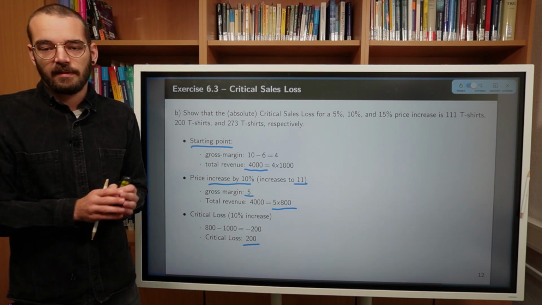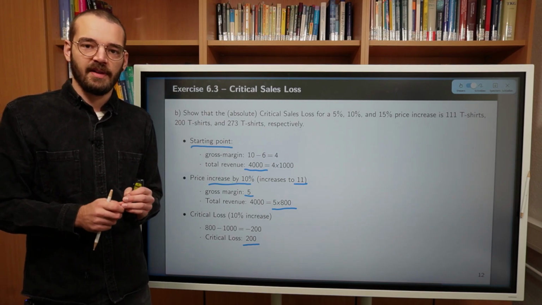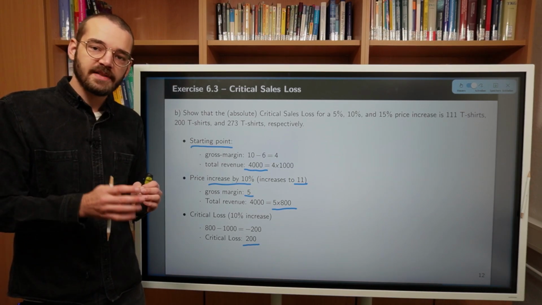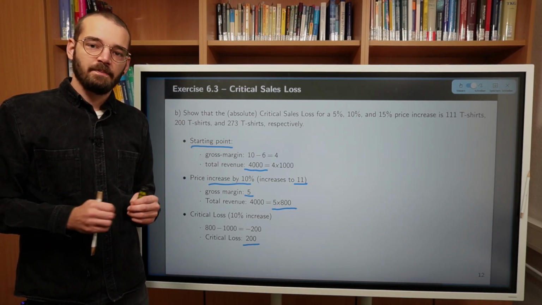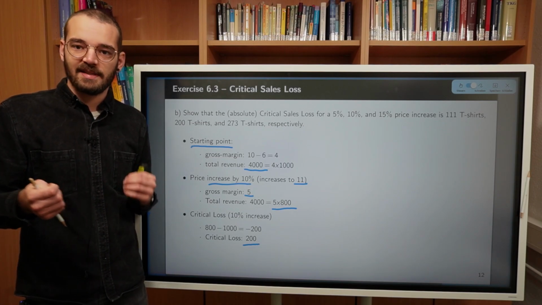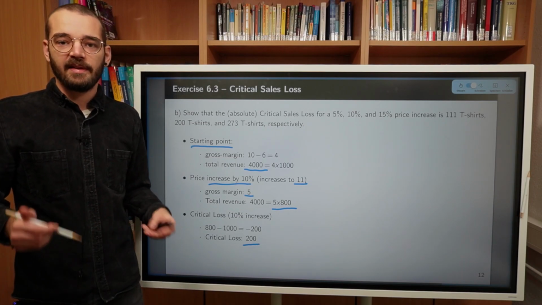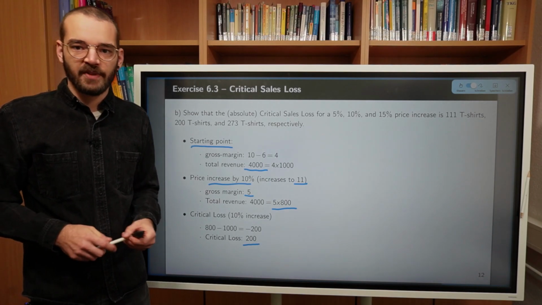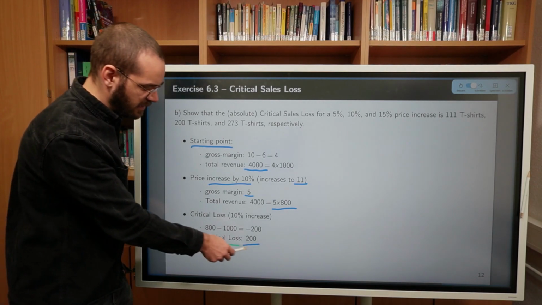And of course the other side of the coin then implies that if the loss in sales quantity that comes with this price increase is larger than 200, well, then the price increase is no longer profitable. So this is the critical sales loss, 200.